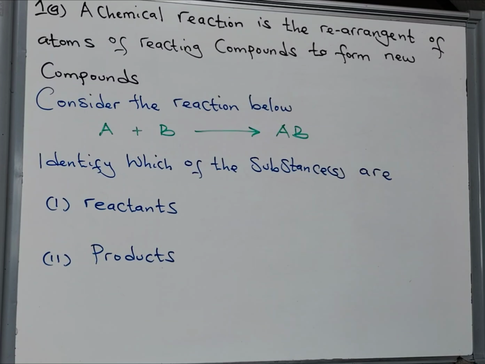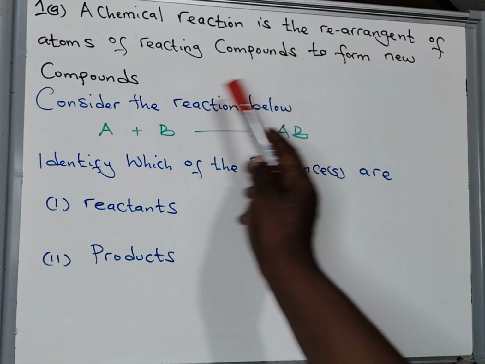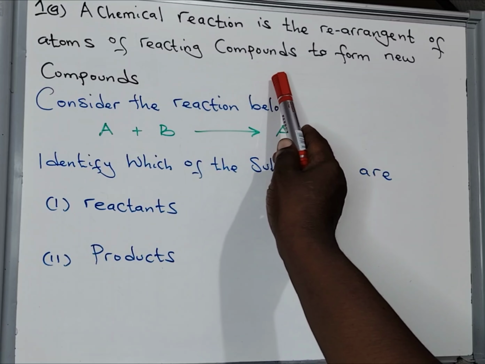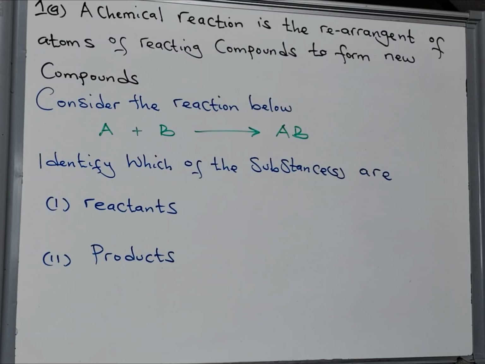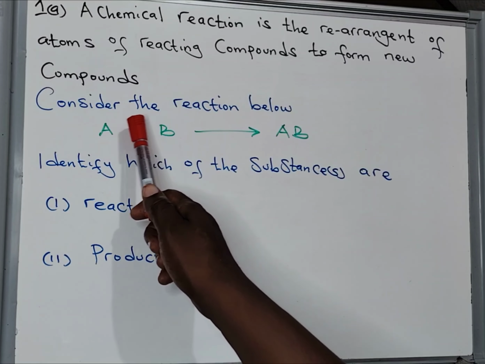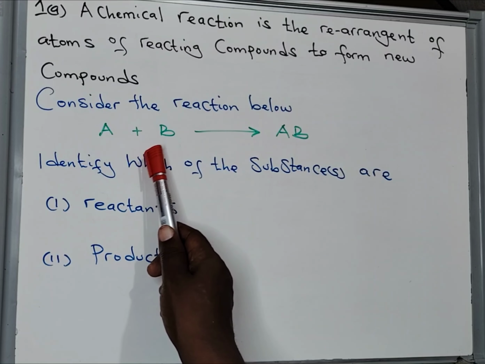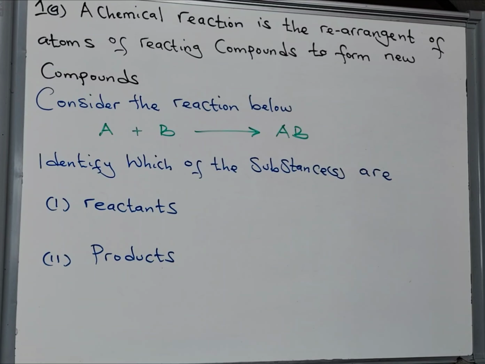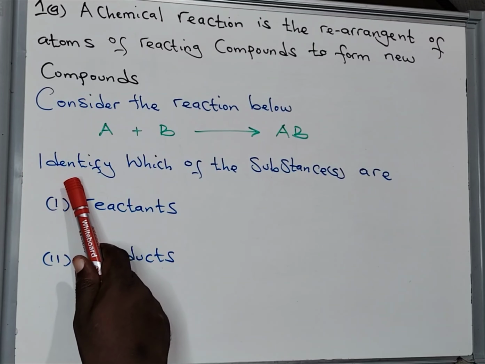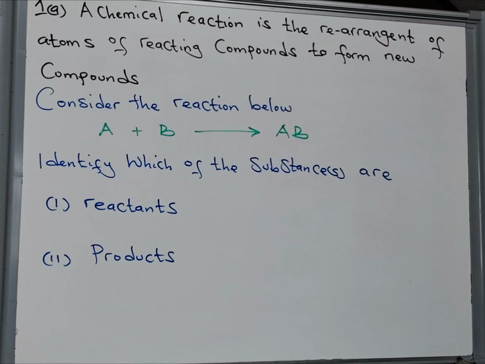Okay, we're having this question. It says that a chemical reaction is the rearrangement of atoms of reacting compounds to form new compounds. So, consider the reaction below, where A combines with B to give you AB. The question says identify which of the substances are reactants.